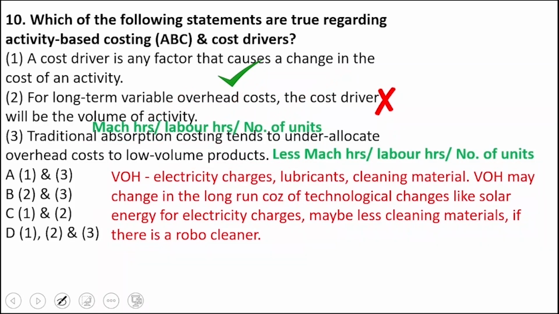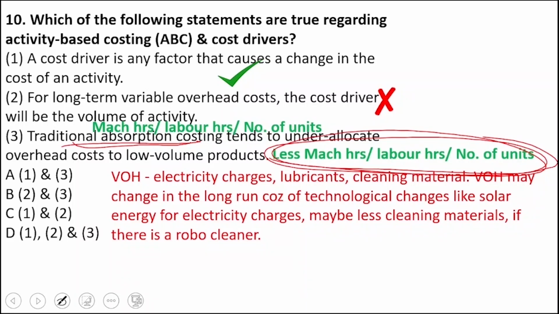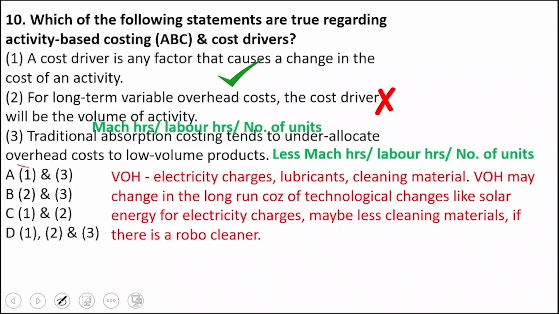So the overhead cost allocated to low volume products will also be less. Well, that's a true statement. So the right answer is option A, 1 and 3 are the true statements.